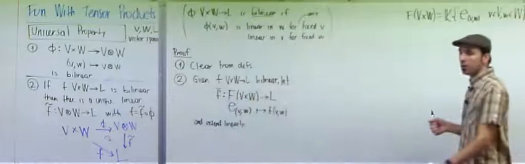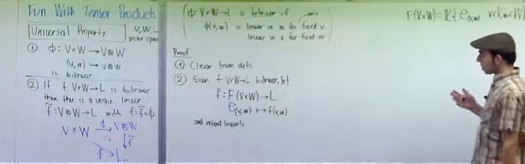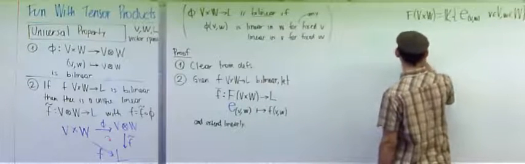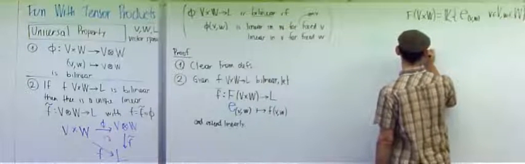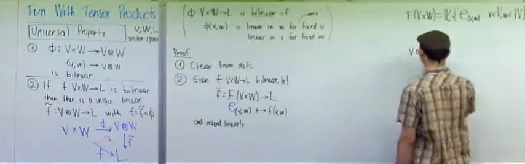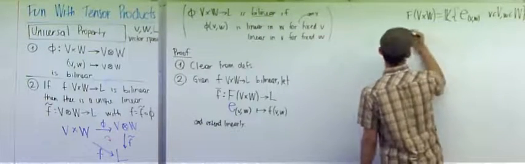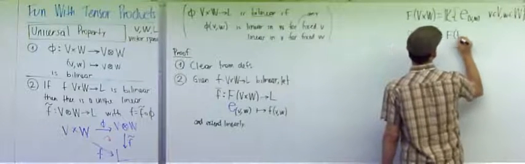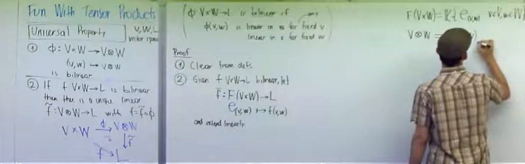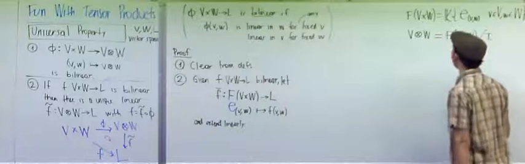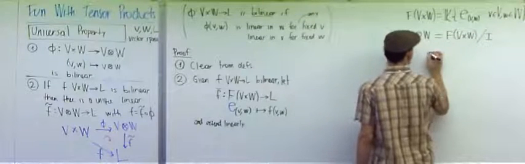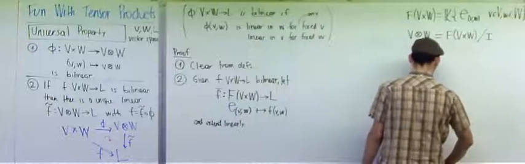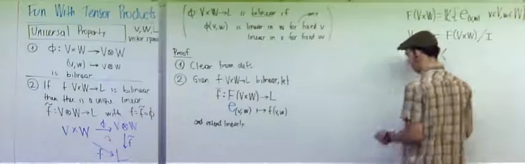Okay. Now what do I want to do? The reason that I do this is that, remember, the way that I defined the tensor product, I defined it to be a quotient of this thing, this modulo an ideal where this is generated by a bunch of things. Okay.